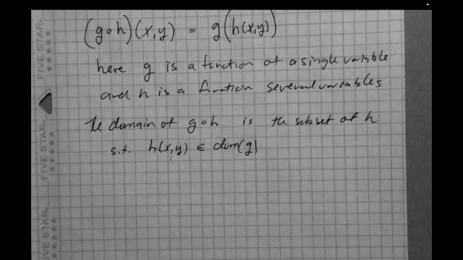Okay, and we'll talk about lots of different functions throughout the rest of the course. But the big ones we should point out here: polynomial functions can be extended into functions of several variables.